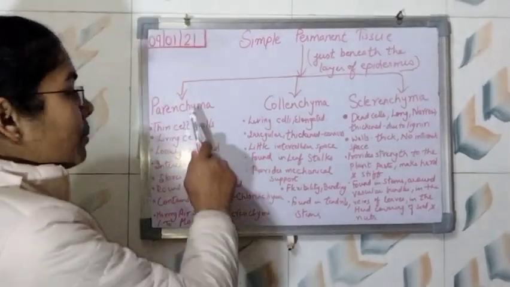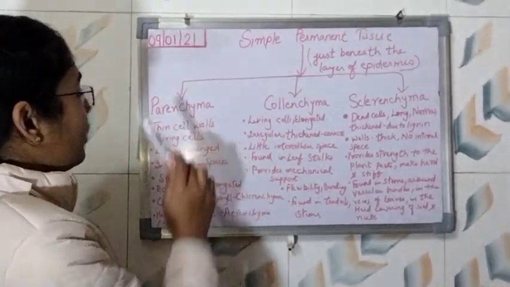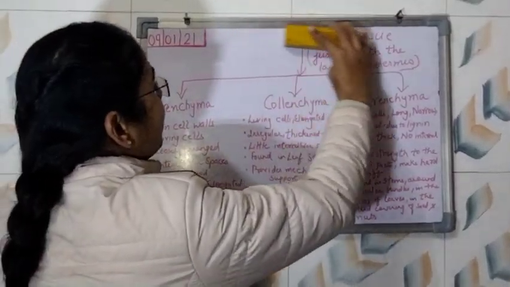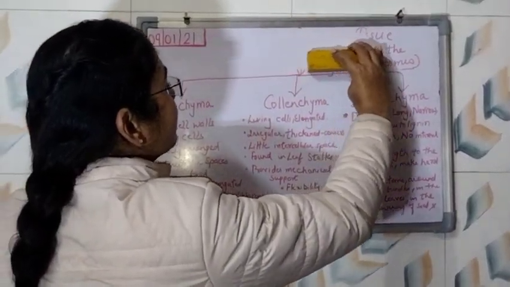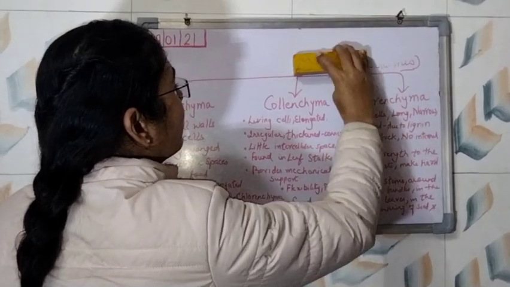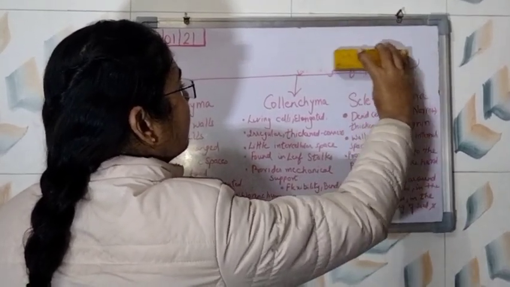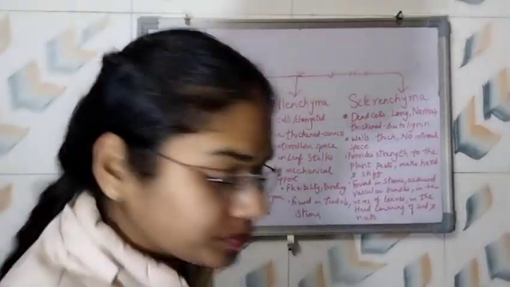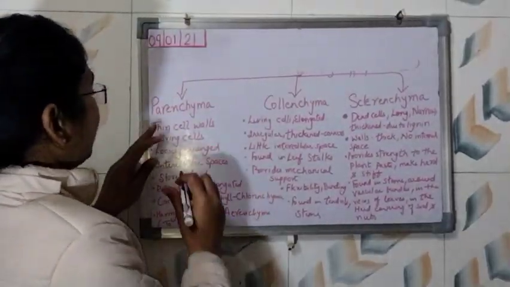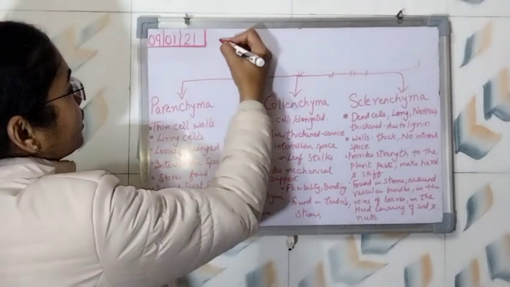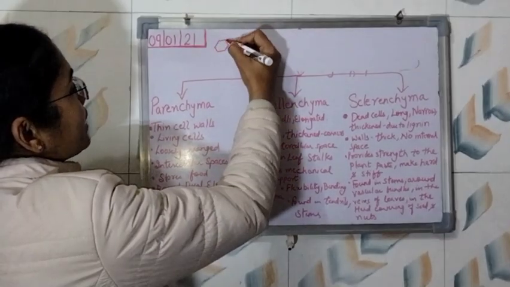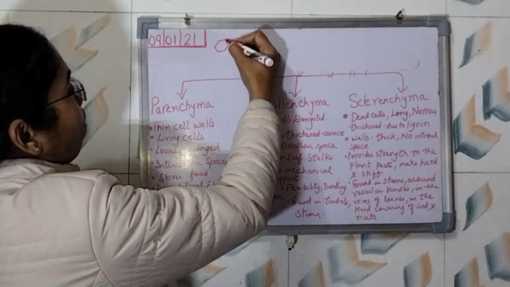So this parenchyma, if we make the diagram, it has thin cell walls, right?